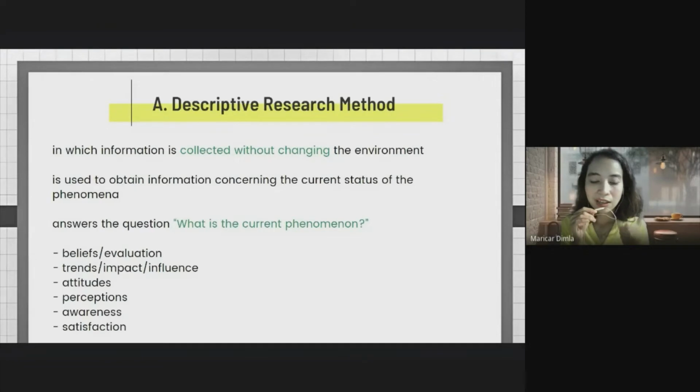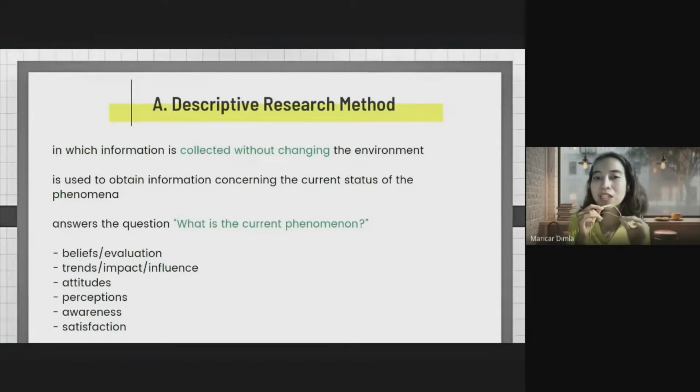Alright. So class, speaking of non-experimental, we have the first one, the descriptive research method. And class, from the word itself, though we had this last sentence, pero iuulitin ko siya sa inyo. When we say descriptive, from the word itself, it just simply describes the collected information and no changing or controlling or manipulating of the environment or with your variables as is siya class. That is why it answers the question, what is the current phenomena?